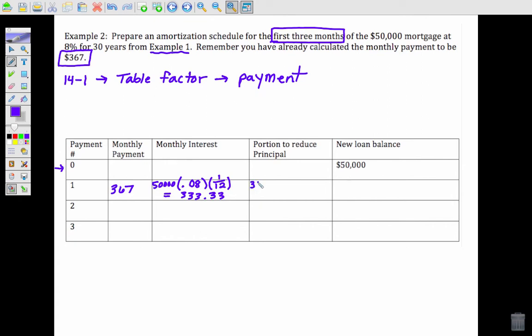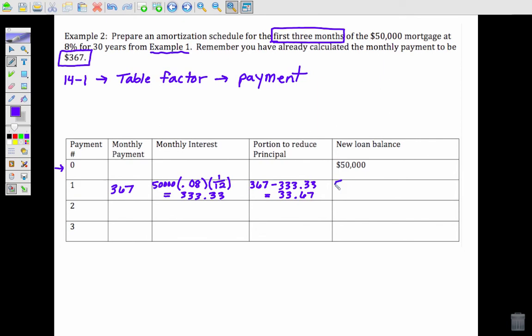You take your $367 and subtract the $333.33, which went to interest only. The rest goes to principal, which equals $33.67.